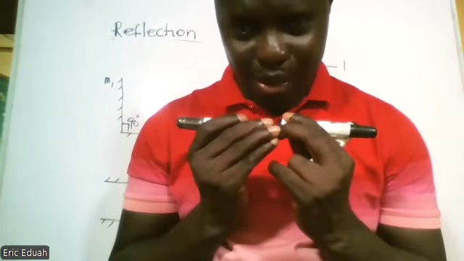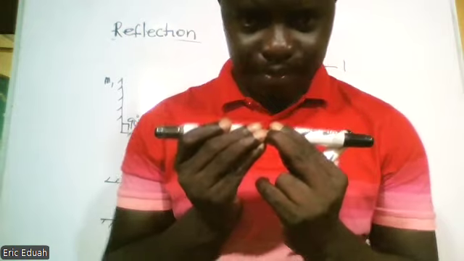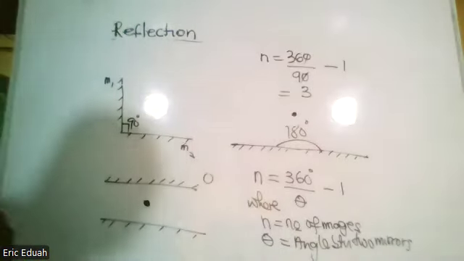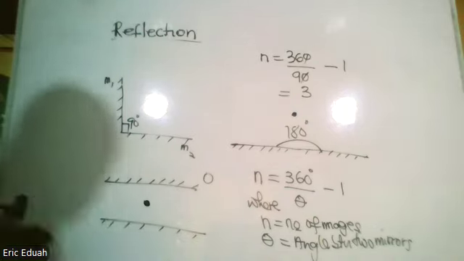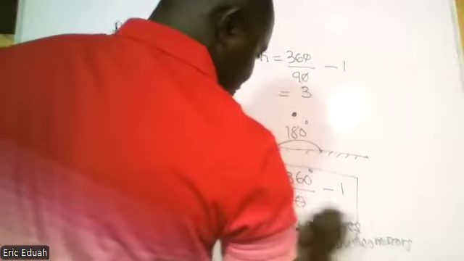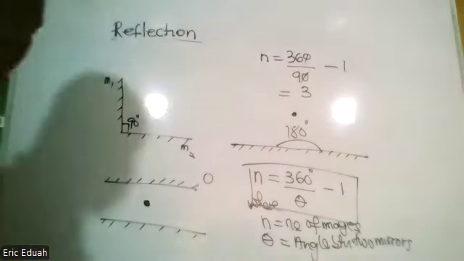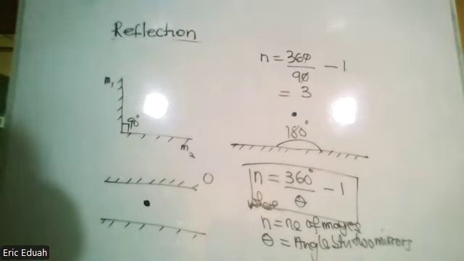So it's just one mirror that is joined, the reason for which you get 1. Now, if the angle between them is 30, 360 divided by 30 is 12, minus 1, you get 11. So this is the general formula that can be used to calculate the number of images formed when two mirrors are inclined at any angle.